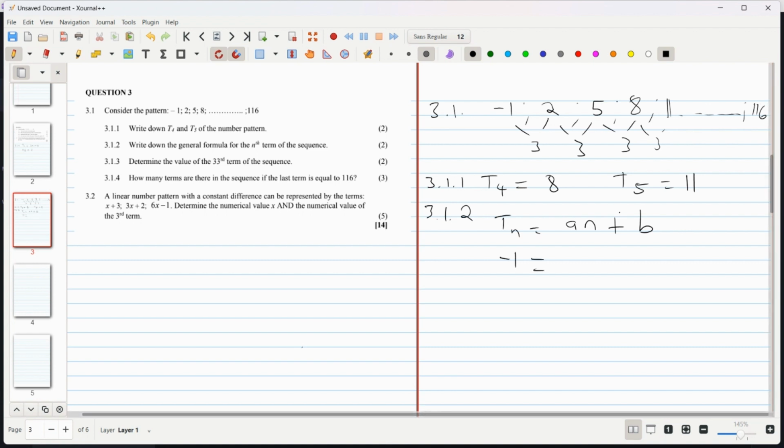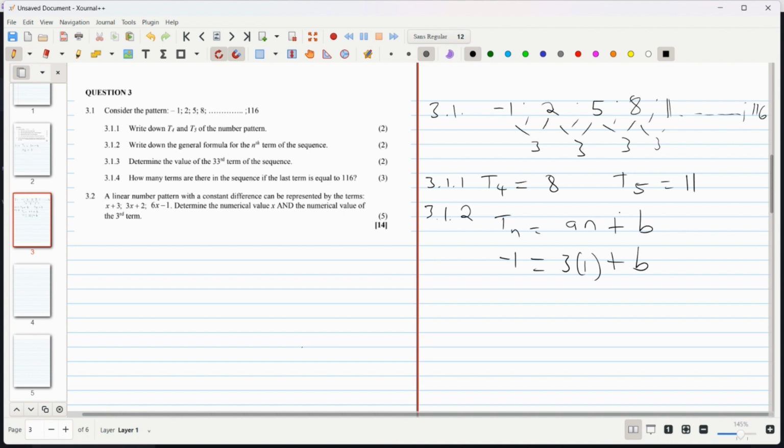What is the value for a? The value for a is 3, because remember, 3 is the constant first difference. And then n plus b. For n, which position is the first term? The first term is in position 1, so our n is 1.